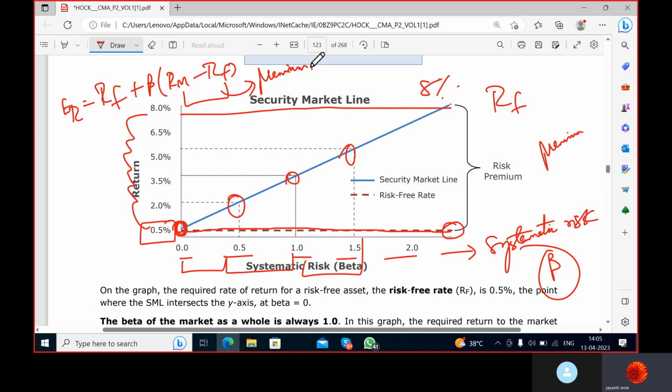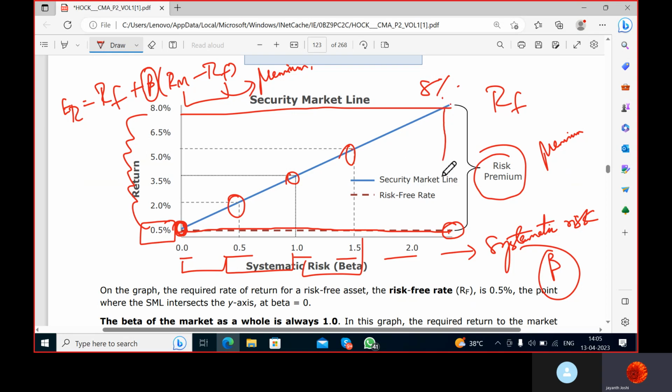Since this premium is multiplied with this factor called beta, it is called the risk premium. So the difference between this 8 and this will be called risk premium. This is constant, but the differences are always created.